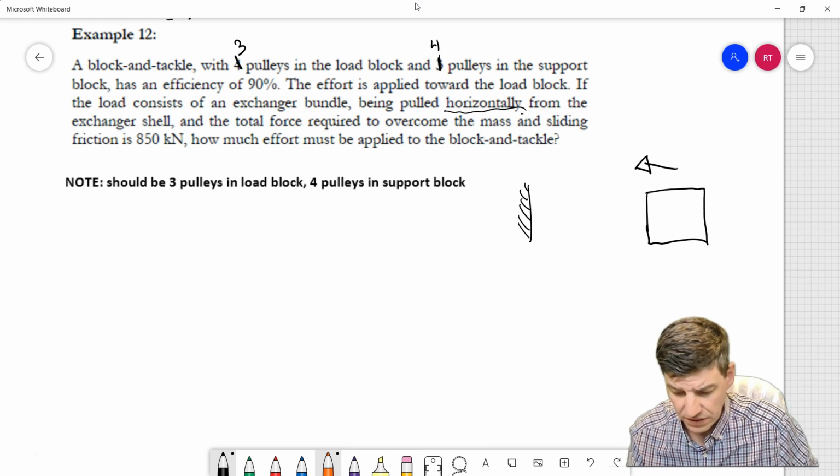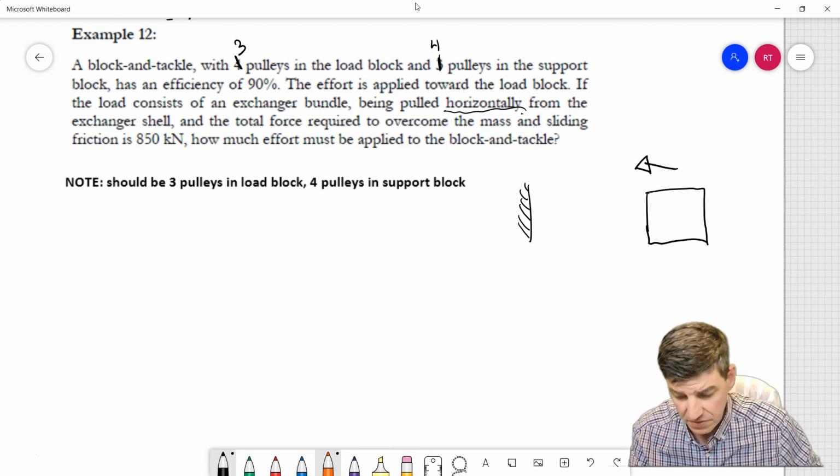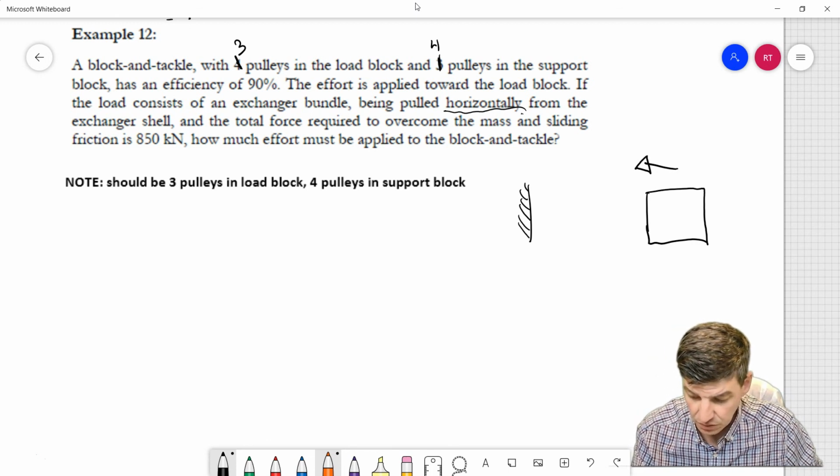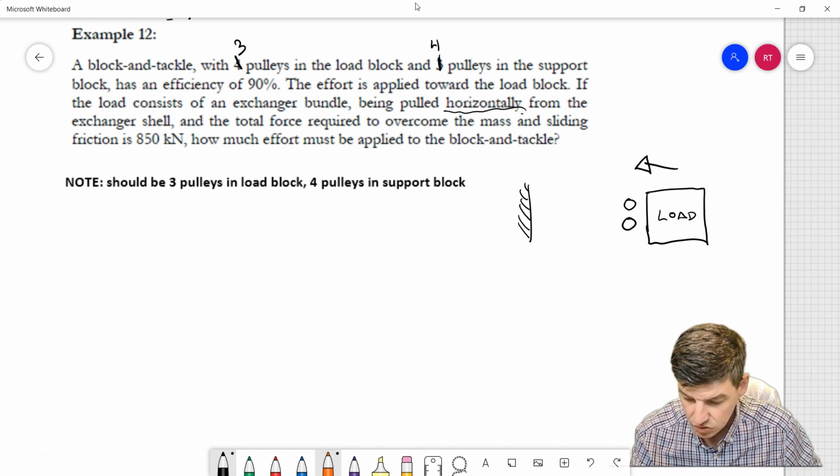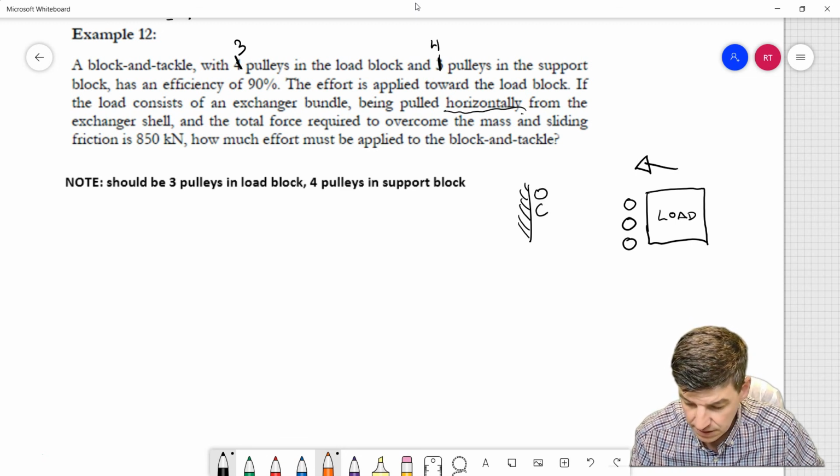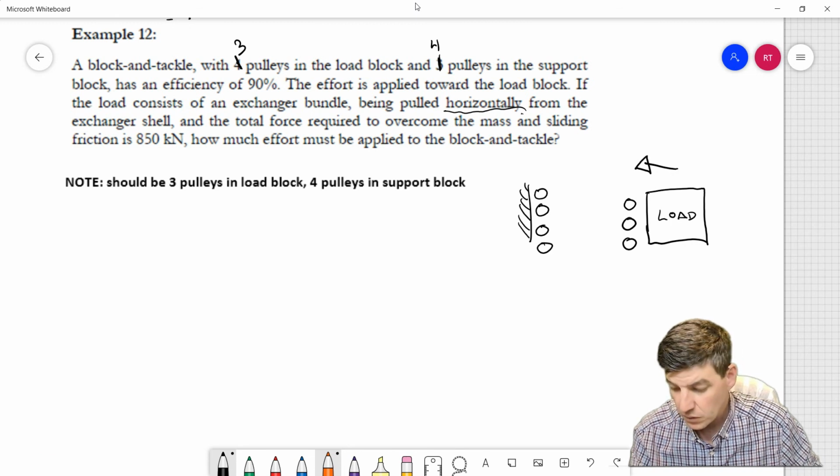When we talk about the load block, that's going to be closest to what we would consider to be our load. Okay, so we're going to have 3 pulleys in the load block. 1, 2, 3. And I guess that means we have 4 pulleys in the support block, or against the wall.